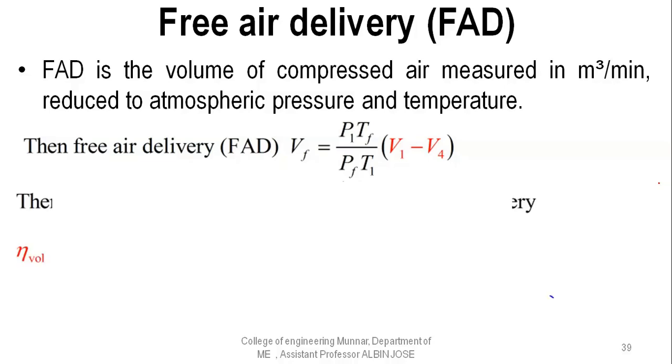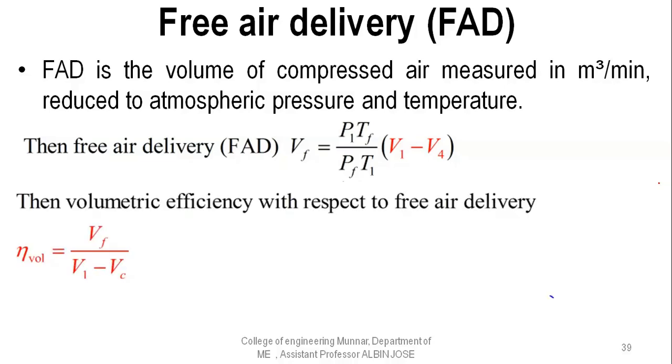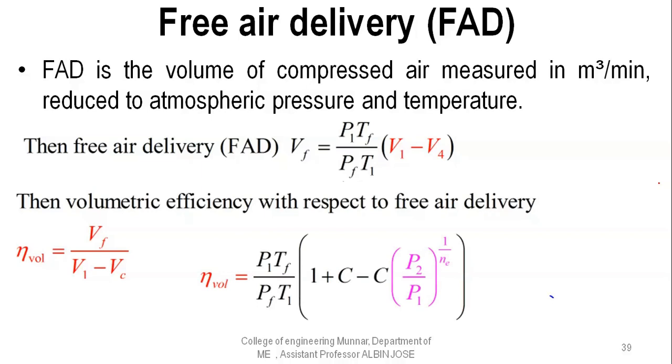Then the volumetric efficiency with respect to the free air delivery. The actual volume is the free air delivery Vf, and the maximum piston displacement is V1 minus Vc. V1 minus Vc is the swept volume of the cylinder. Then we can substitute the value of Vf in this expression.